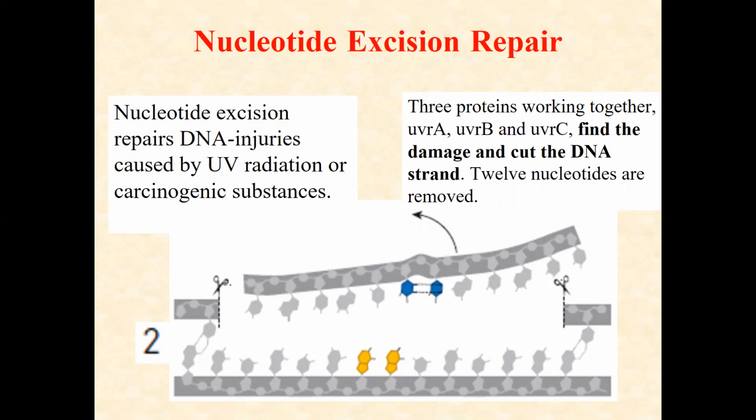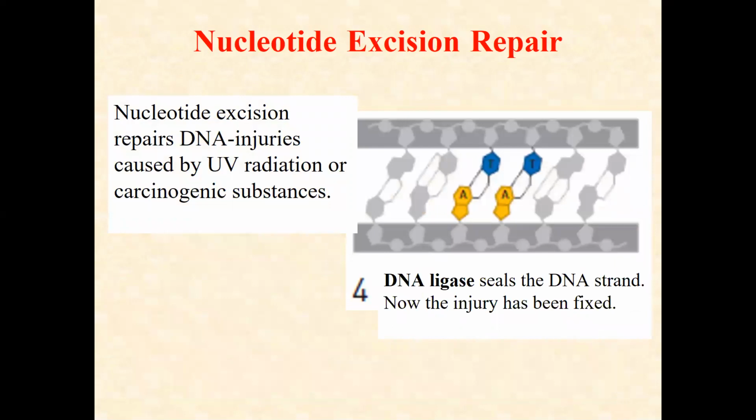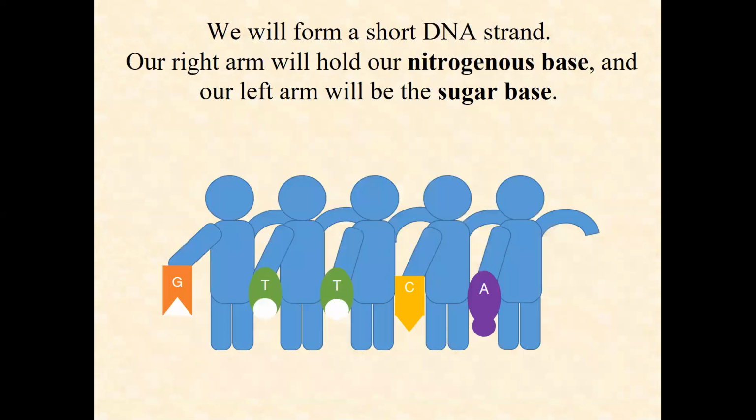The three proteins are named UvrA, UvrB, and UvrC. The damaged fragment is removed. The gap of single-strand DNA left behind is replaced by DNA polymerase. DNA ligase seals the DNA backbone, restoring the DNA to the original structure.